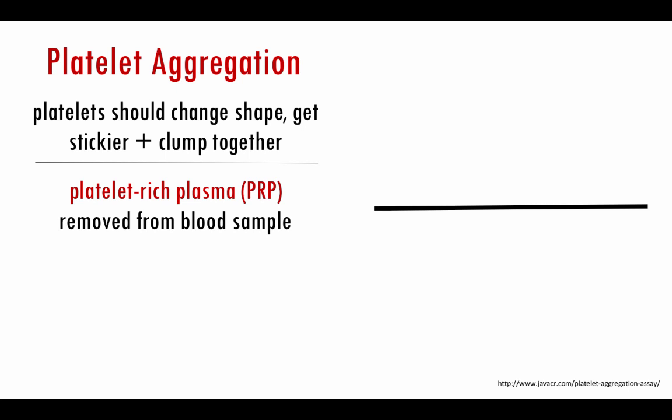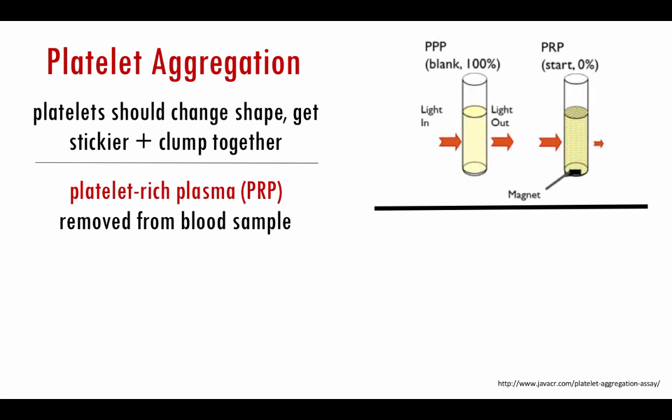You will basically be looking at how light is shining through it and how that changes as platelets clump. So you have on the left PPP, which is platelet-poor plasma, so that's just plasma without the buffy coat. And then PRP, which is platelet-rich plasma that has a well-distributed amount of platelets throughout it, right?